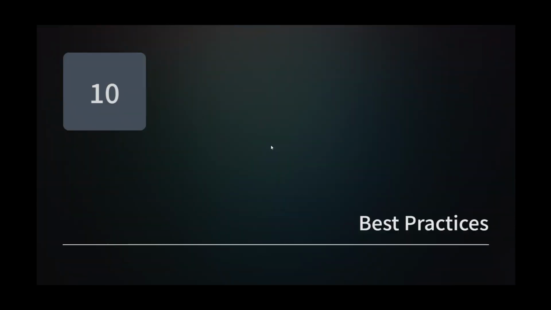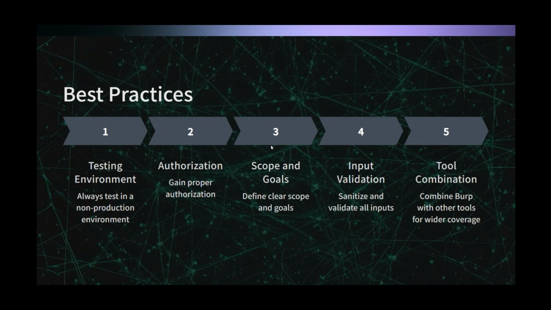Next, there are some best practices to follow when doing security testing. We have to choose a testing environment, because testing in the production environment is like hacking, so we should always use the testing environment.